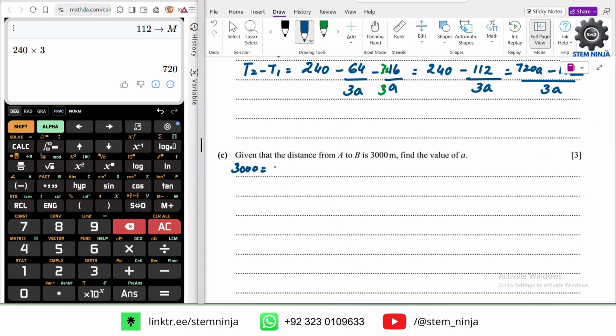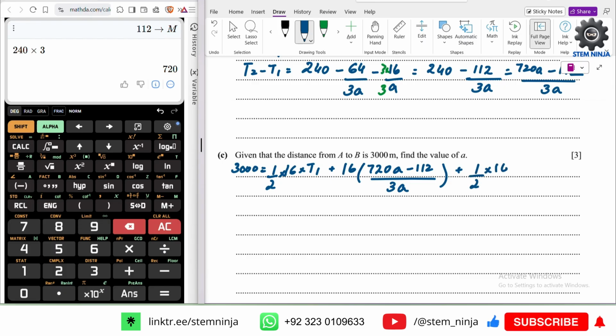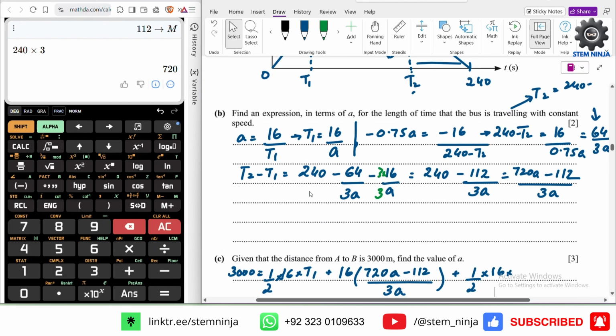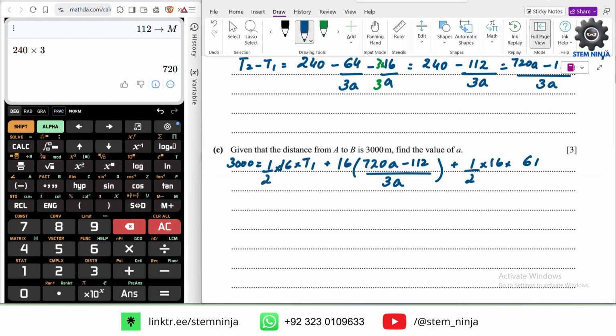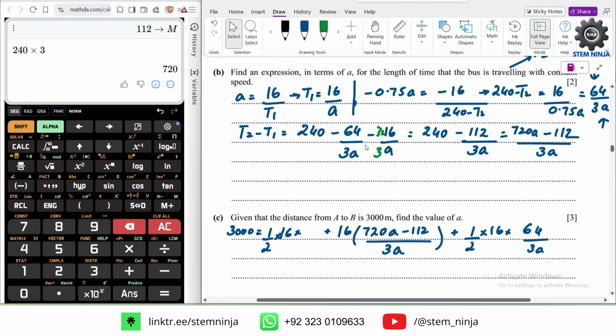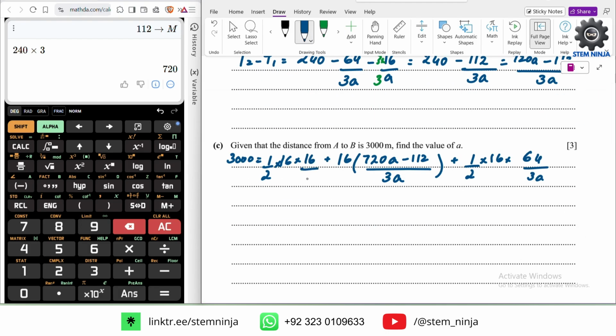So 3000 equals half times 16 times T1, plus 16 times the time, which is 720a minus 112 over 3a, plus half times 16 times 240 minus T2, which we actually figured out to be 64 over 3a. T1 was 16 over a.